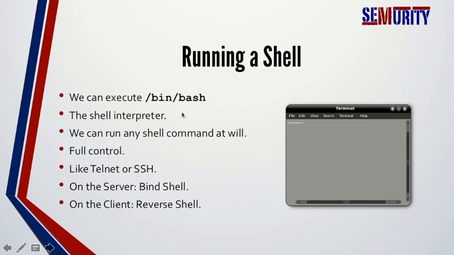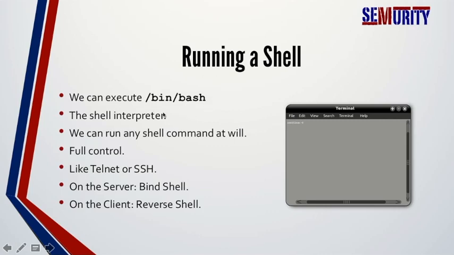So if I trigger Netcat to execute /bin/bash or one of the other shells, because there is /bin/sh, there is the C shell, there are different shells available, but bash is the most powerful and the most popular shell available. If I execute /bin/bash, which is itself an interpreter for shell commands, then I will have access to all the shell commands available within the bash subsystem.